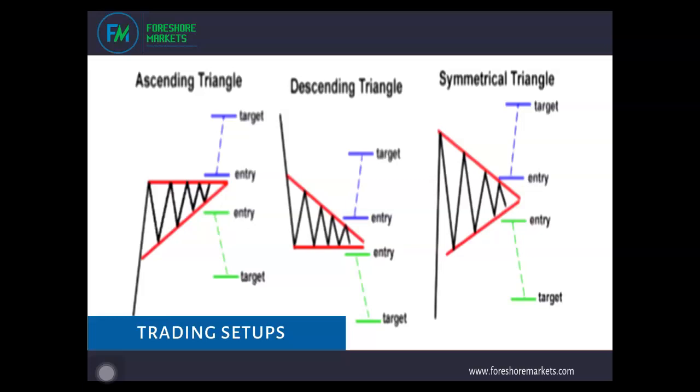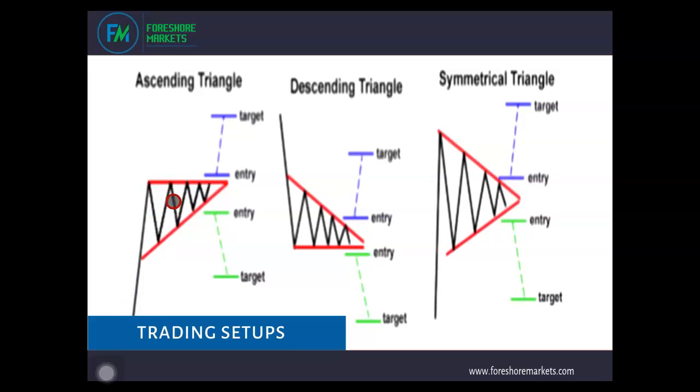Let's look at the ascending triangle. As you can see here, this is the triangle as it's ascending, but the top of that triangle is flat. The price action there is on the same level, unlike the falling wedge and the rising wedge. This has one side that is flat.